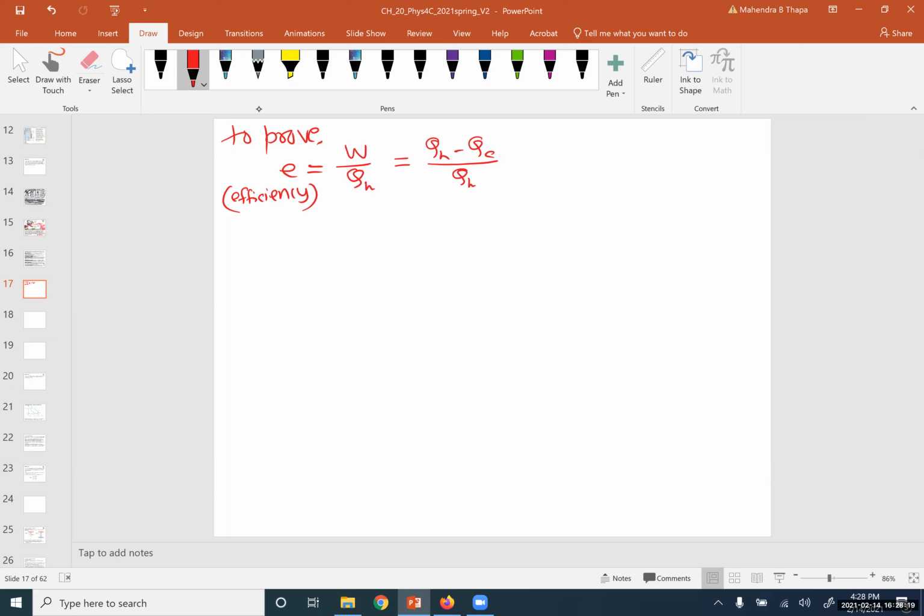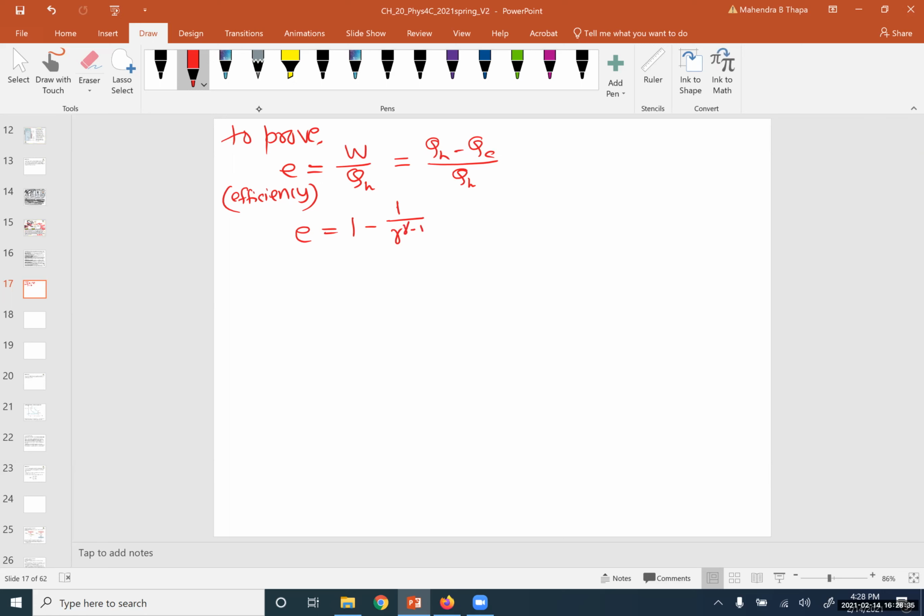So our goal is to prove that E equals 1 minus 1 over R to the power gamma minus 1.